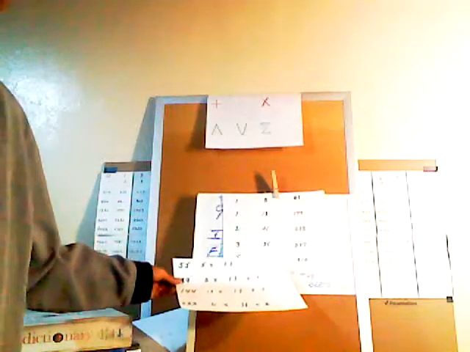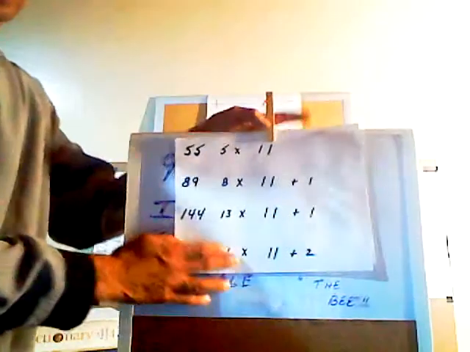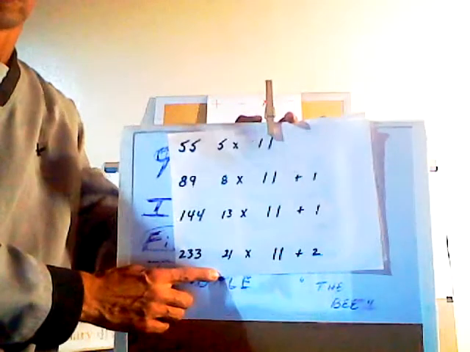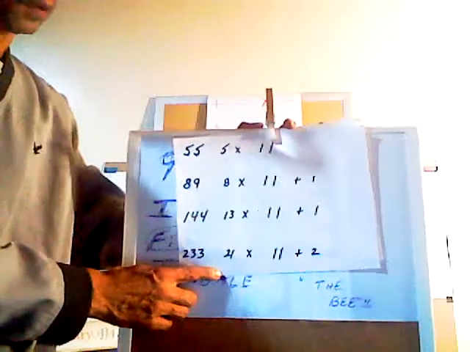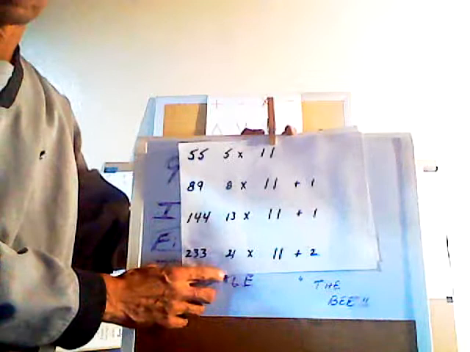Here's the beauty of this. It's important to understand this Fibonacci sequence. Why? Because when you get to the number 55, what you'll see is that not only are all these numbers related by a factor of 11, but if you'll notice, as you get bigger and bigger, what happens?